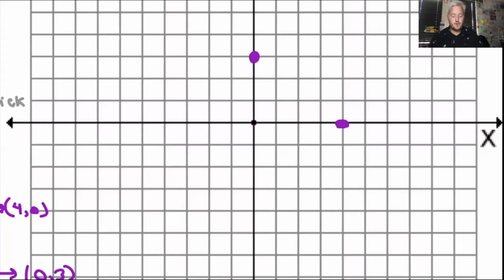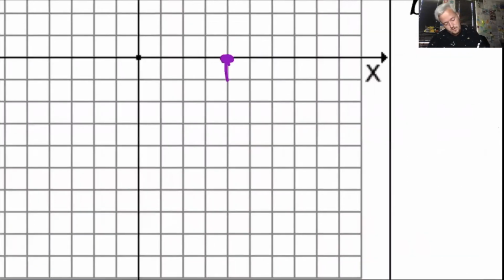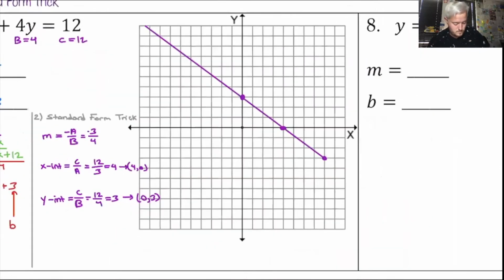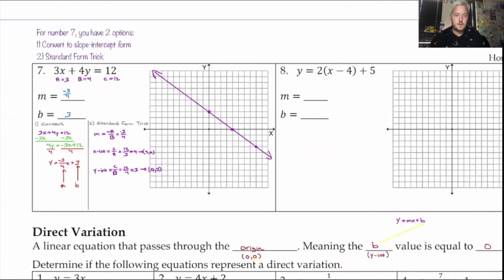So you could even plot the two intercepts and then draw a line between those two intercepts if you want. All right, so I have 3 points, which is more than enough to draw a line. All right, then scissor tool, I'm going to extend on this side and then include my arrows. All right, so there's that line.